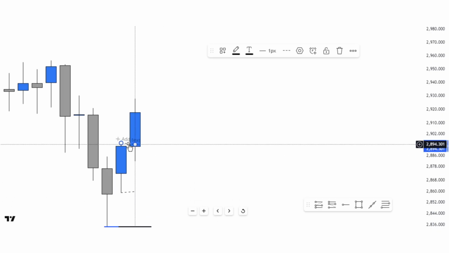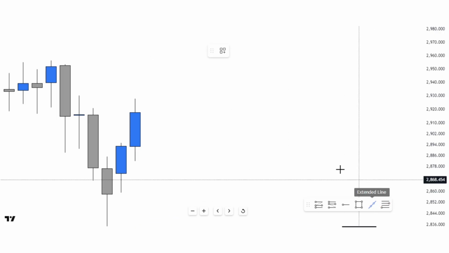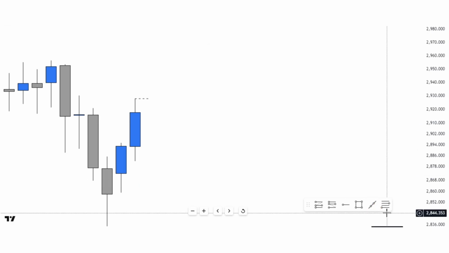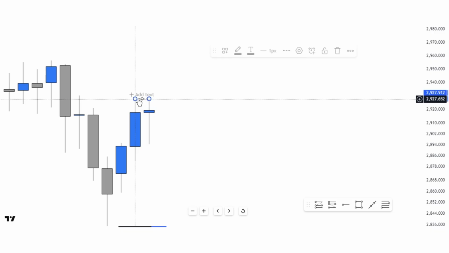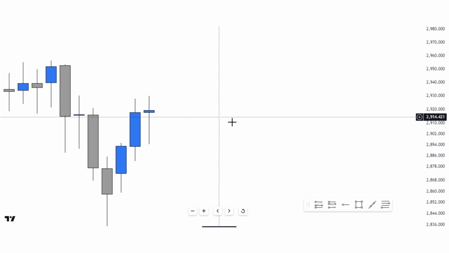As you see, price takes out this prior day high. And what does that tell us? That we're intending to go to this prior day high next. And what does price do? Price wicks into this prior day high and it closes below.